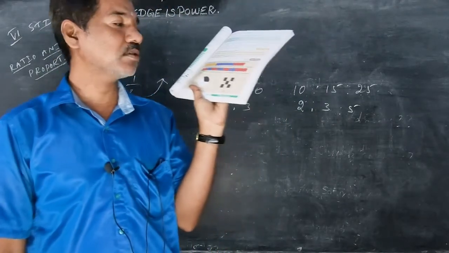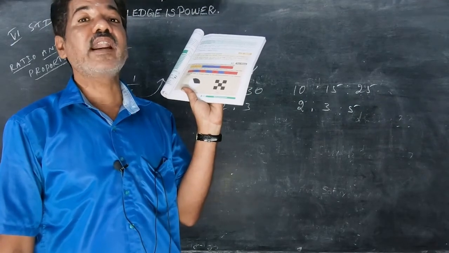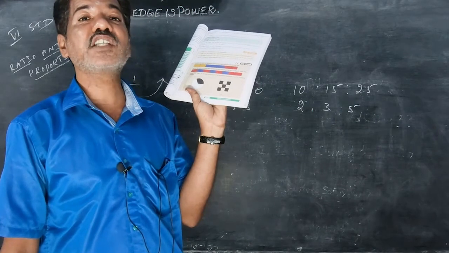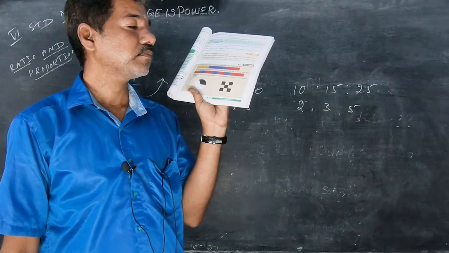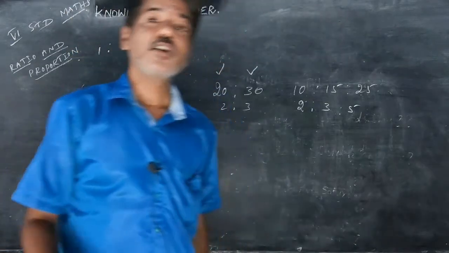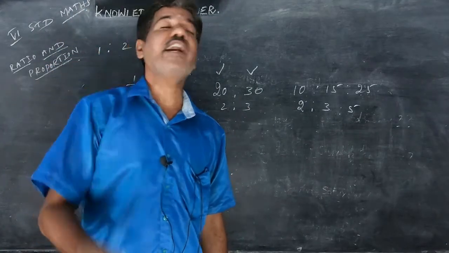How many boxes are there? 3, 6, 9. 9 boxes are there. In those 9 boxes, how many are shaded? 5. 5 are shaded. 4 are unshaded. So we have to compare. How many times will it be shaded?